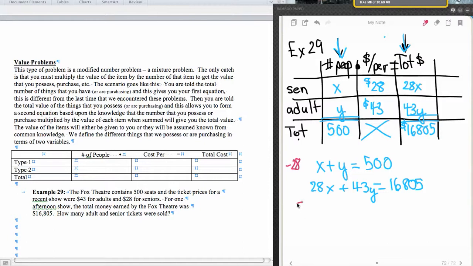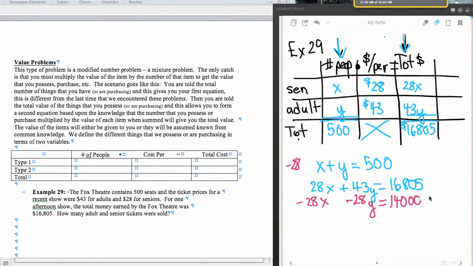So I'm going to get a negative 28x, and then a negative 28y, and then that equals 28 times 5, and 28 times 5 is going to give us 140, and then we have those two extra zeros, not three extra zeros, two extra zeros.